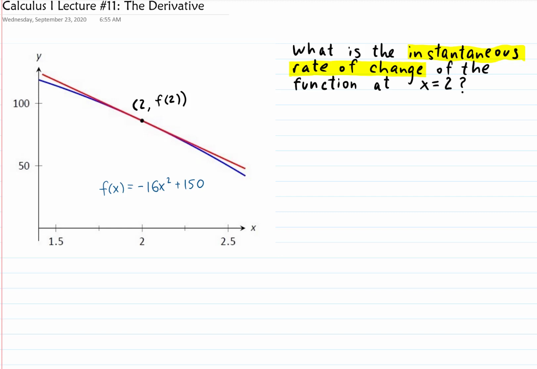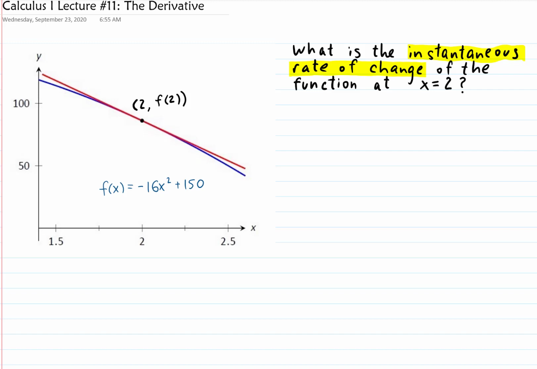That's an abstract concept. So let's make it a little bit more concrete. Let's say something geometric that you can actually picture in your mind. When we say instantaneous rate of change at x equals 2, what we're asking is, what is the slope of the graph at the point 2, f of 2?